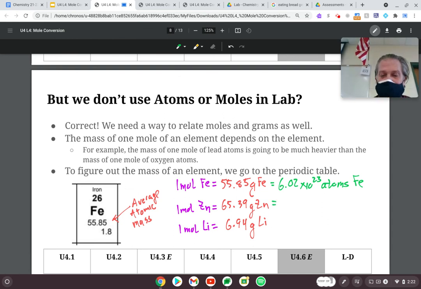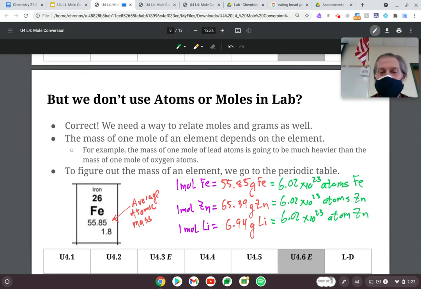Or if I had 1 mole of zinc, which is 65.39 grams of zinc, I would have 6.02 times 10 to the 23rd atoms of zinc. How many atoms of lithium would I have? 6.02 times 10 to the 23rd atoms.